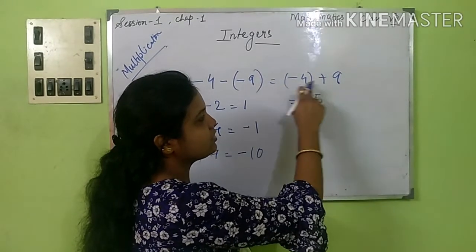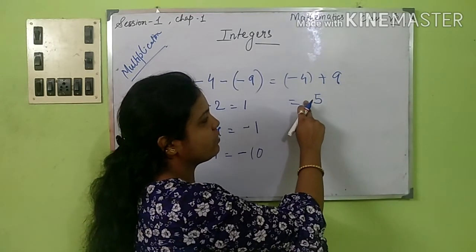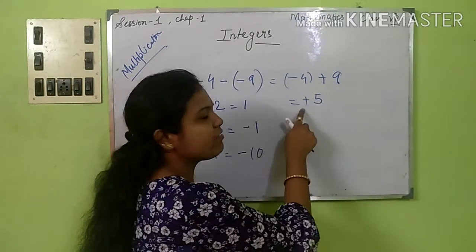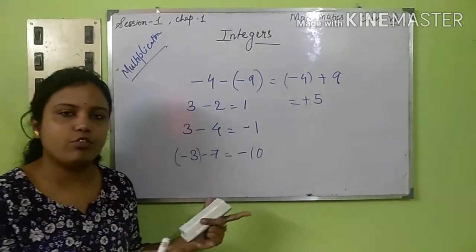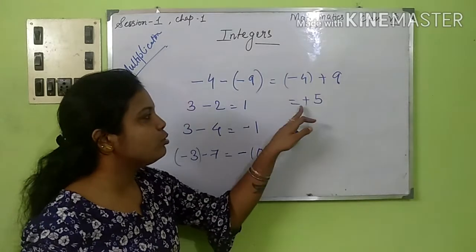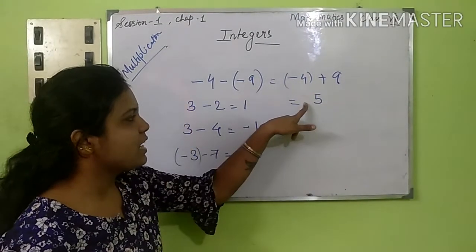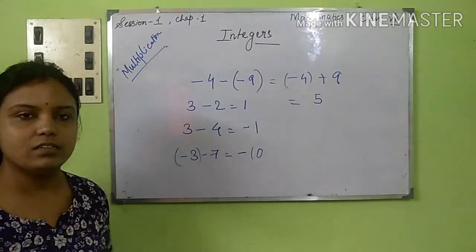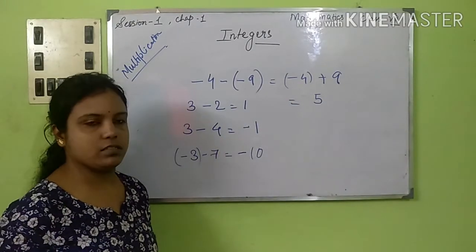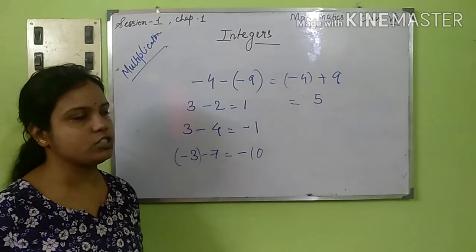Obviously 9 is the greater digit than 4, and 9 is carrying the sign plus. So here we will have the plus sign. We don't have to write it. This is just for mentioning that the sign here will be positive. Whenever you don't write anything, that means it is a plus sign. If you write anything, that means minus. So these are the operations that we are going to carry out in the simplifications.